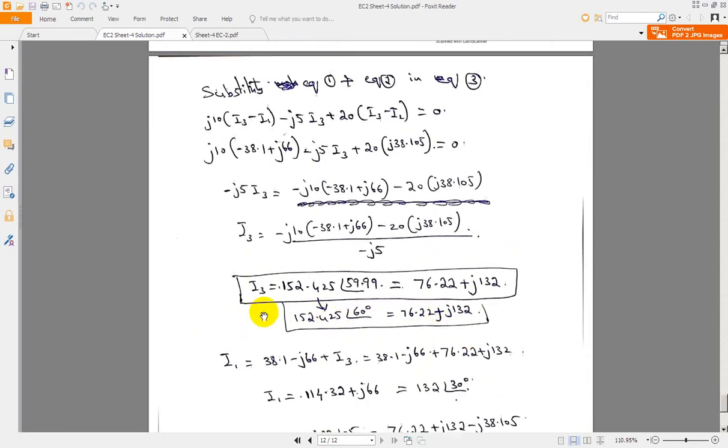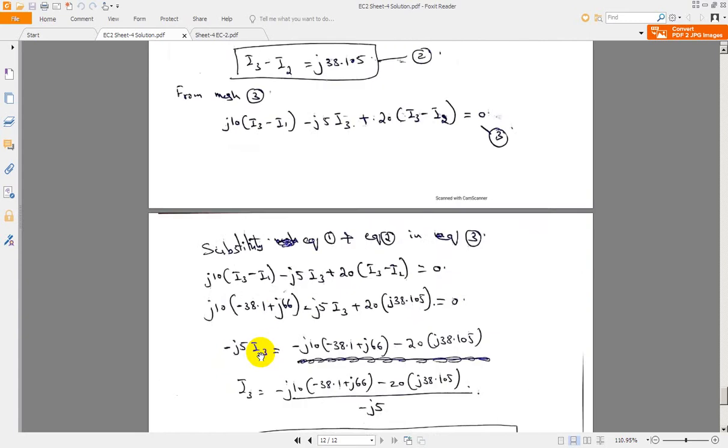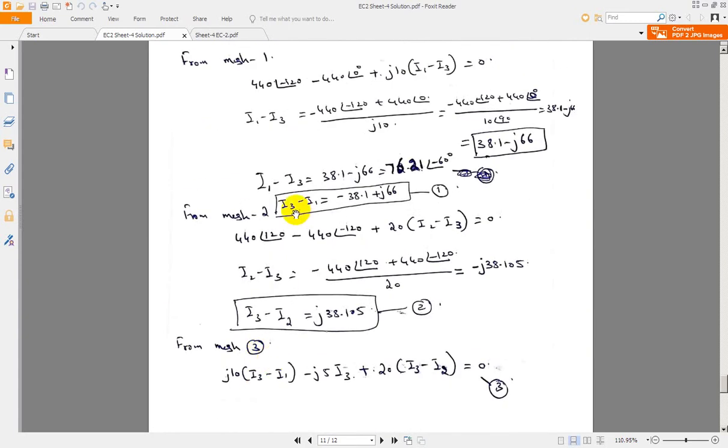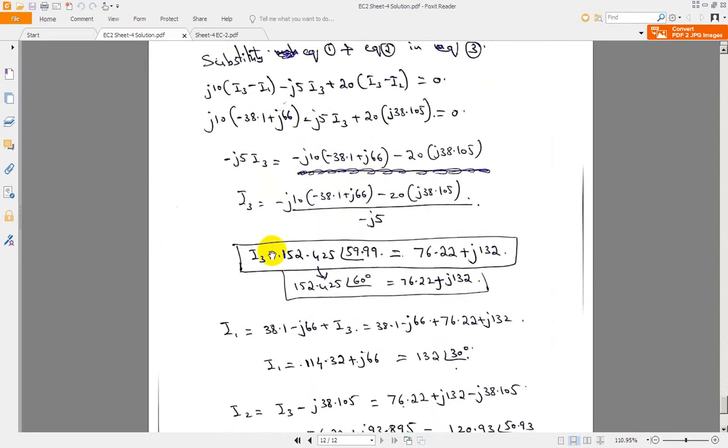Once we got the I3 value, we can evaluate I1. From this relationship, I1 is equal to I3 plus 38.1 minus j66.